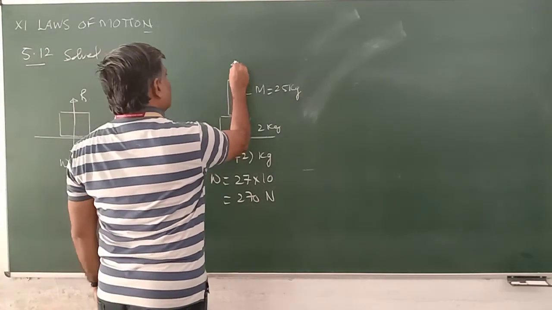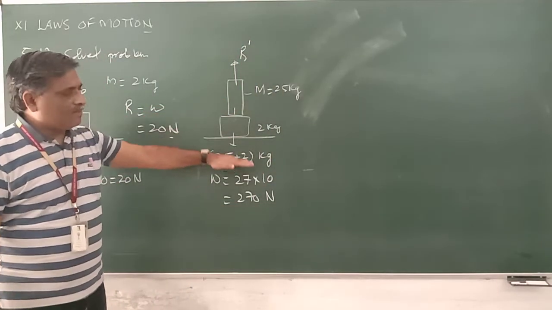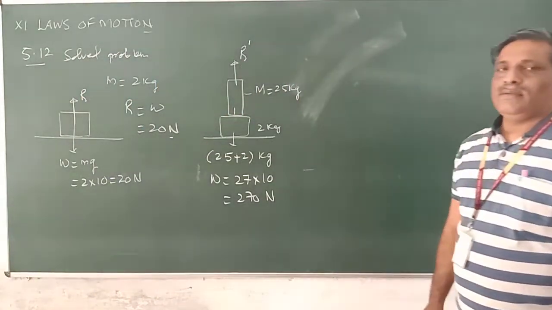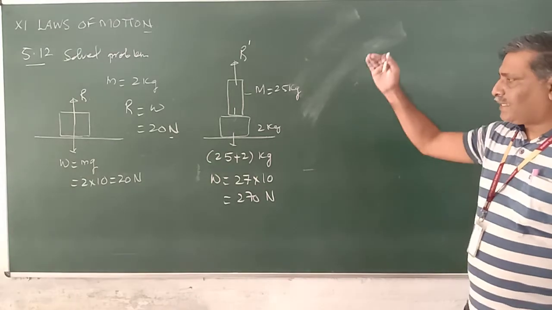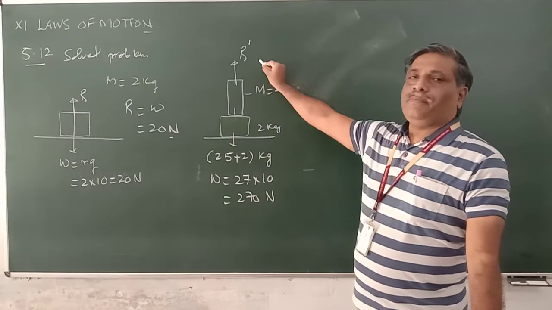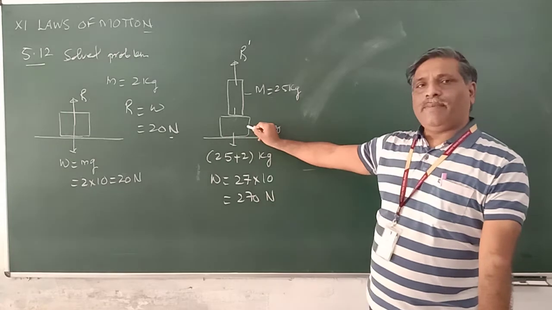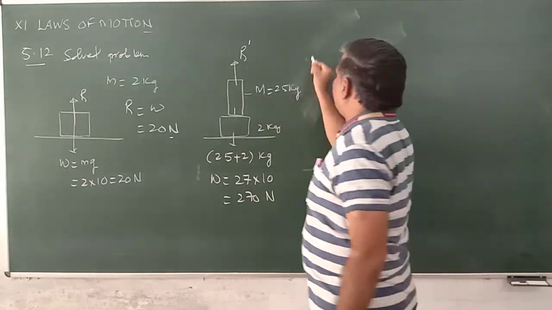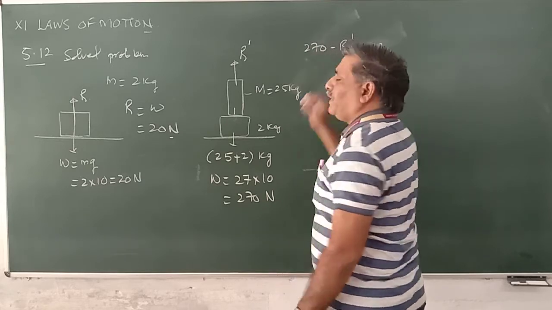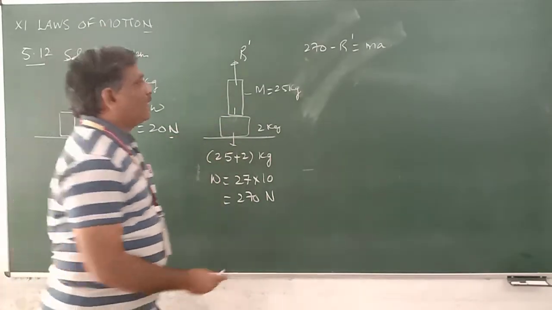We want to find the reaction R prime. But the complete system is coming down with acceleration 0.1 meter per second square. It is accelerating, which means the downward force is more than the reaction force. Otherwise, if they were equal, it would remain stationary.